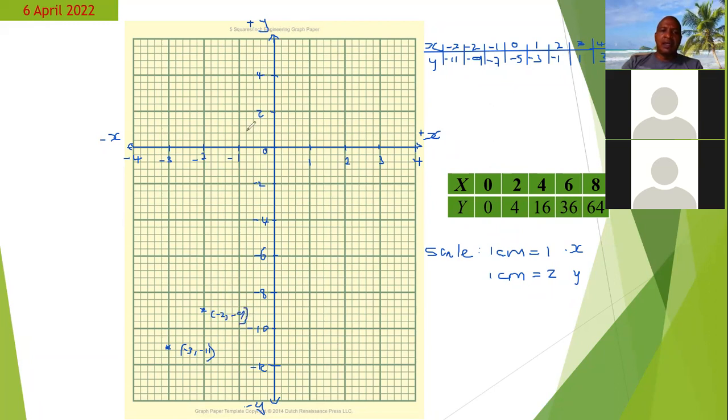All right. Now the next value would be -1 with -7. So we go negative x value, -1, come down 2, 4, 6. Now halfway between 6 and 8, we would have 7.